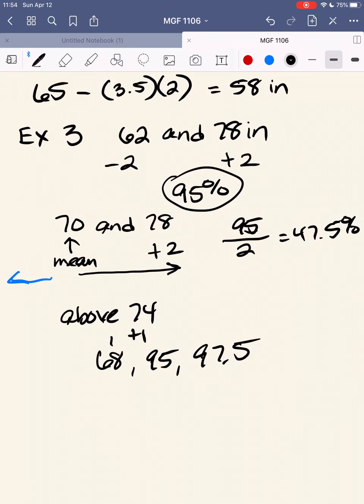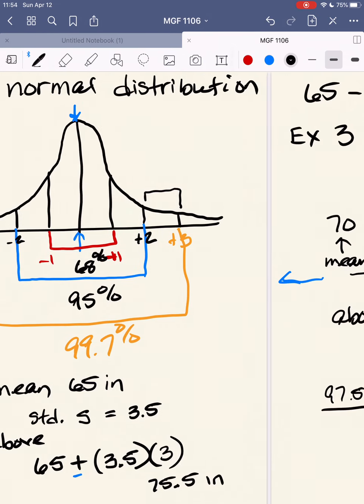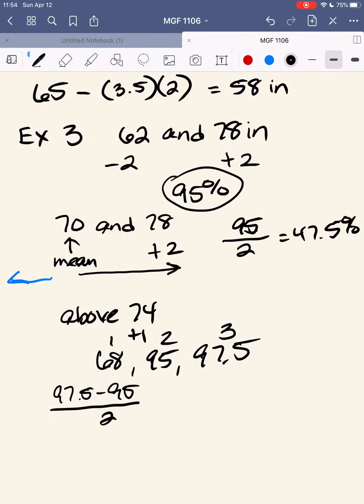That's my 1 standard deviation, 2 standard deviations, and 3 standard deviations. So if I'm going anything that's above, take my 95, subtract 68, and then I have to divide that by 2. What I'm looking to do is find that area that sits here. When I do that, I get 2.35.